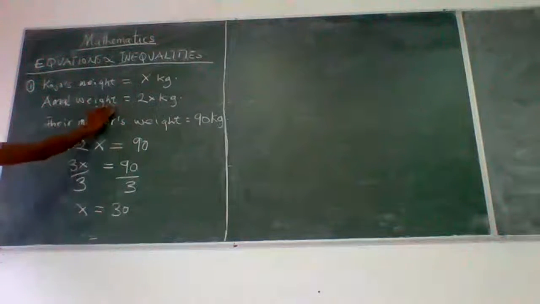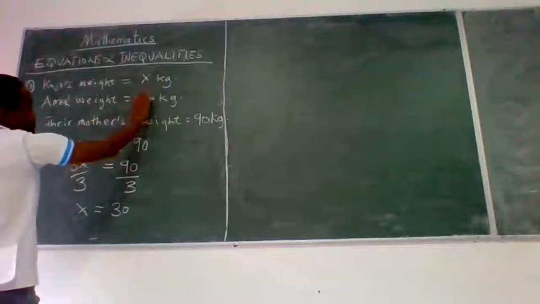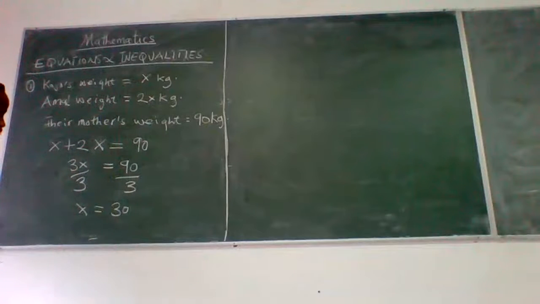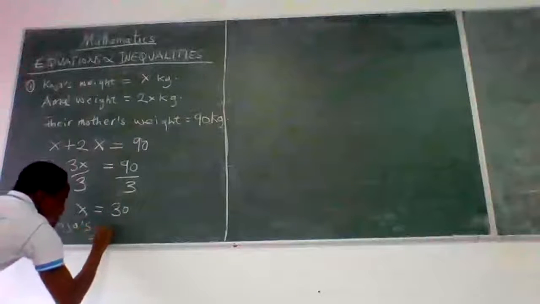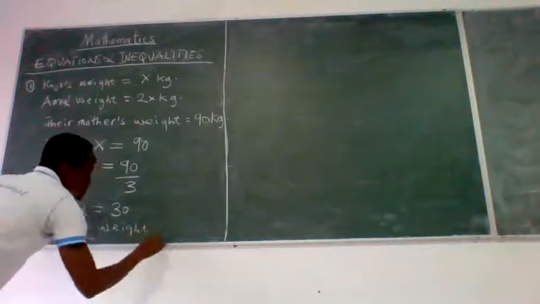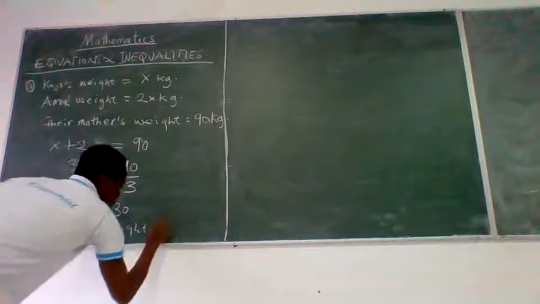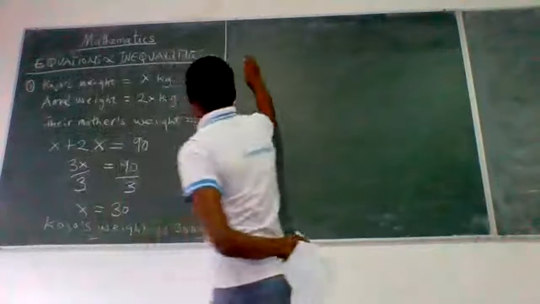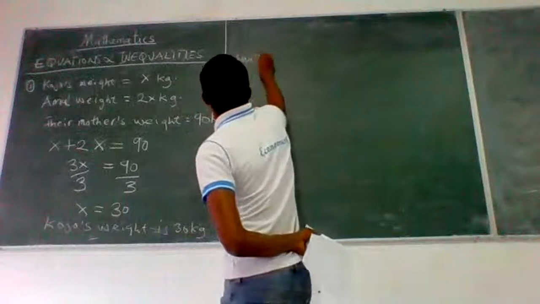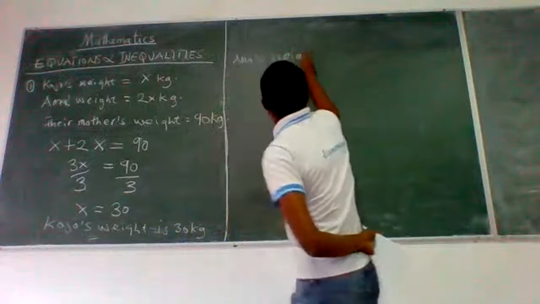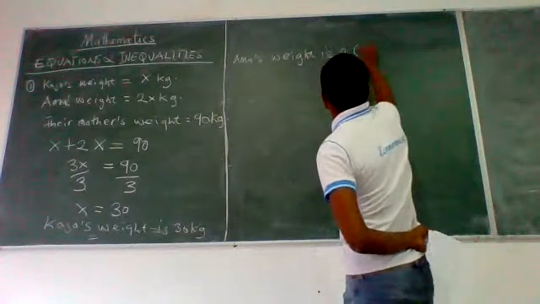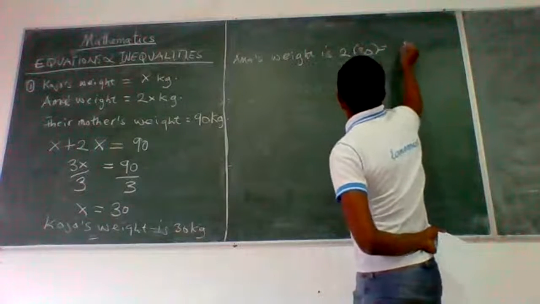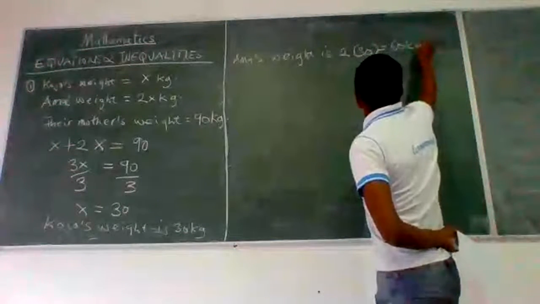How can you find that of Amma? You know that Amma is twice Kwedo, so you just multiply by 2. Kwedo's weight is 30 kg, and Amma's weight is twice that, which is equal to 60 kg.